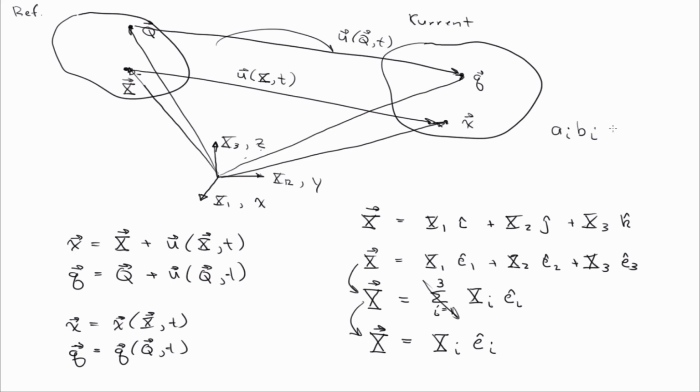But what I can't have is ci di ei. That doesn't make sense, because in isolation this is a sum, and I've summed it up. That's a scalar, so I can't sum over i again. If I really wanted to multiply all three while summing, I need to put the explicit summation sign out there.